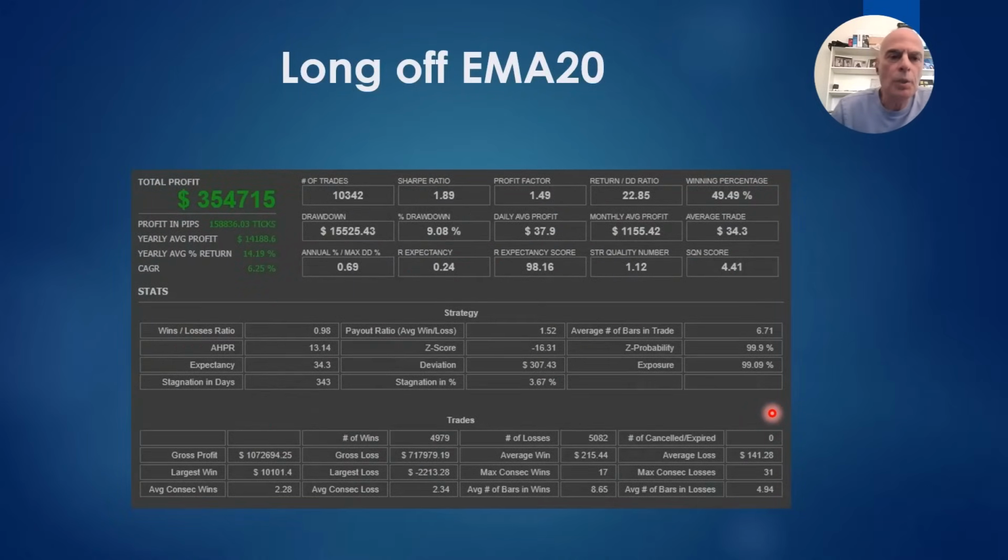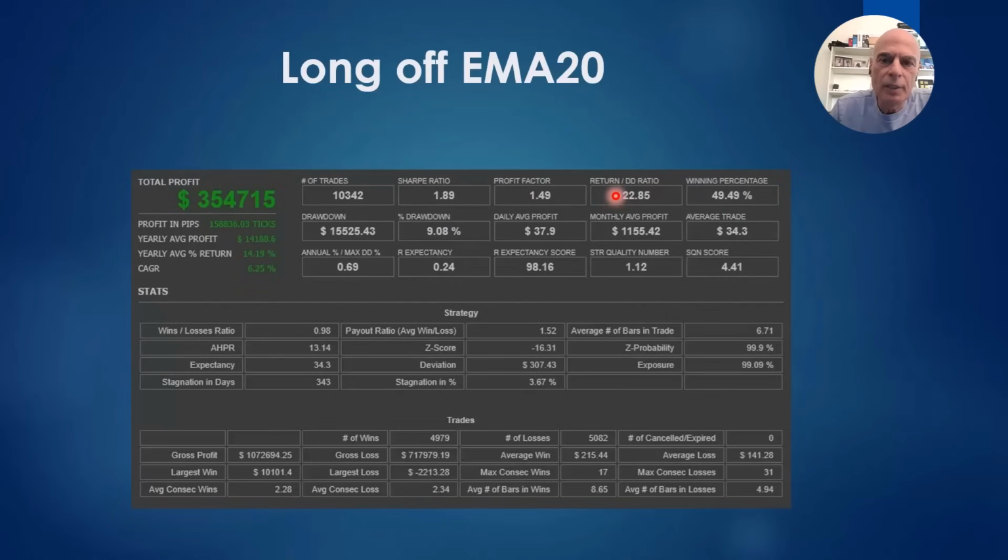This table shows the particulars of the performance of the strategy. It's about 14% annual return. The percent drawdown on an open basis is about 9%. Profit factor is 1.49, and the return to drawdown ratio is a little bit over 22.